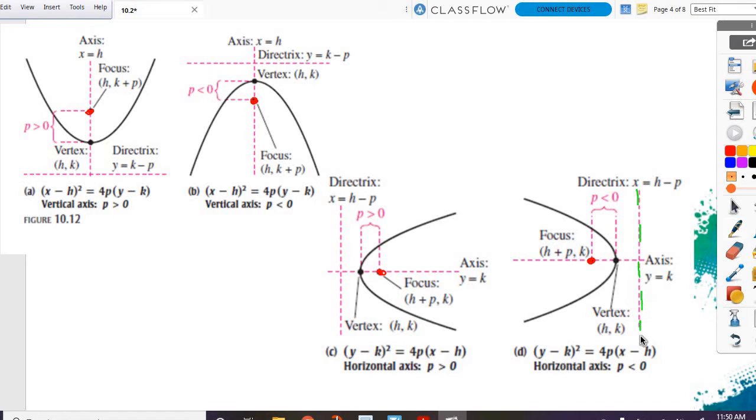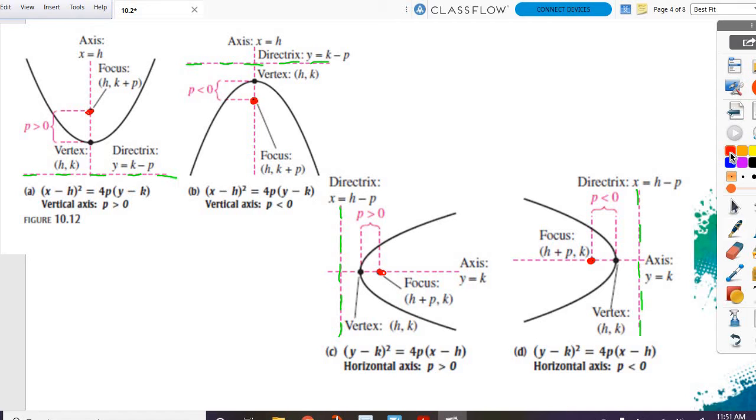Your directrix always has to be the opposite direction, away from your focus. Now notice that with our up and down parabolas, our directrix is a y equals equation because it's a horizontal line. With our horizontal parabolas, our directrix is an x equals equation because it's a vertical line.